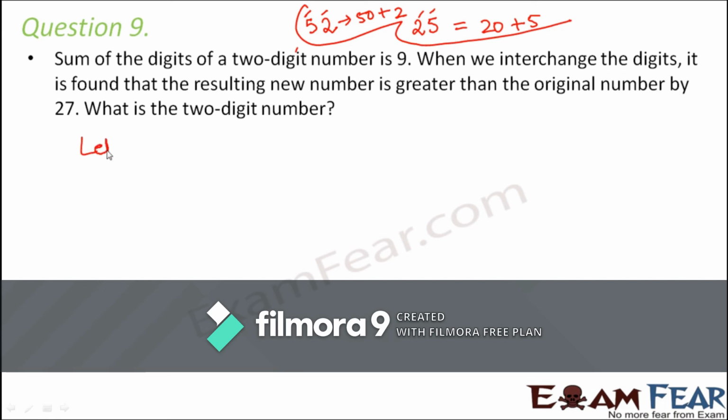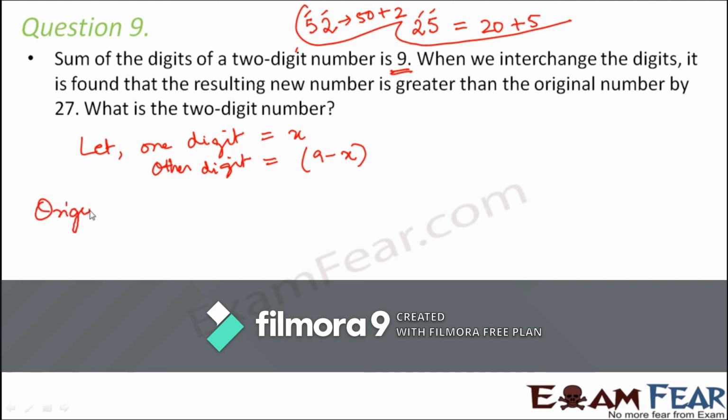So let us assume that one digit is equal to x. What would be the other digit? Now the sum of the two digits is given as 9. So if one is x, the other has to be 9 minus x. Now what is our original number?